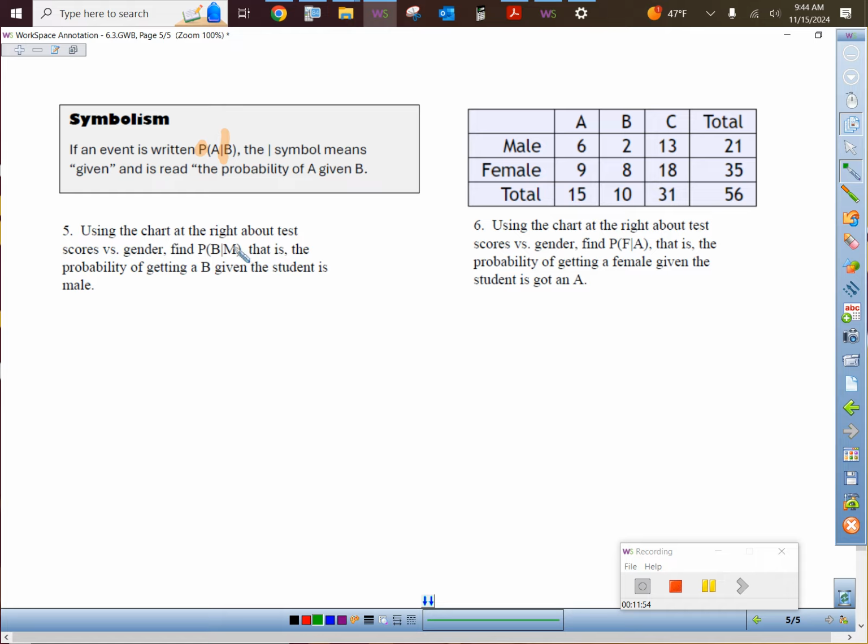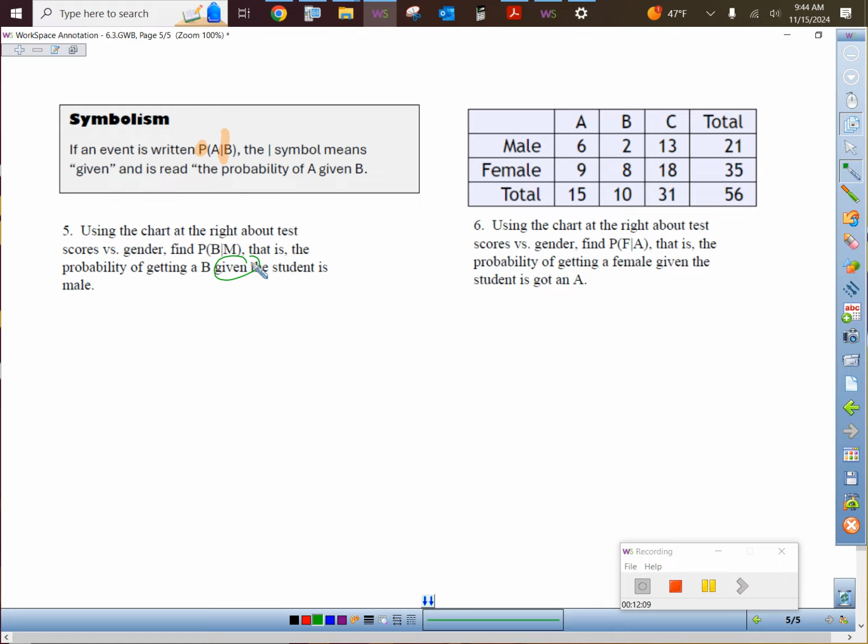Using the chart at the right, it's about test scores versus gender. It says find the probability of getting a B given the student is a male. So the given means, okay, that's all we care about. All we care about is the student is male. Let me make it easier for you.